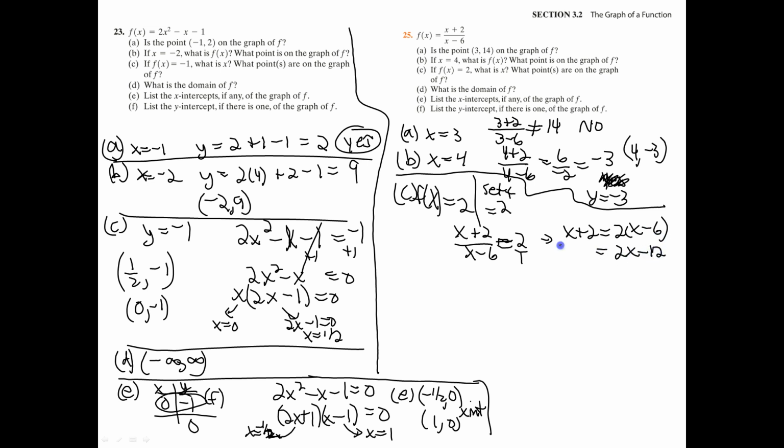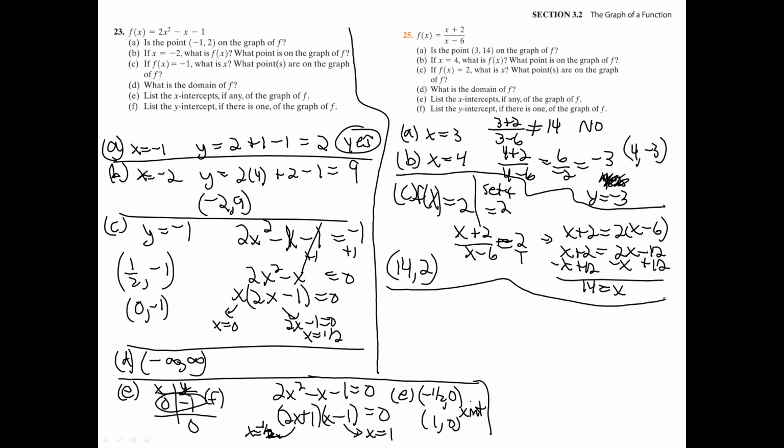Distributing, you get 2x minus 12. If we take away x and add on 12, we get that x is 14. So when y is 2, x is 14, that's the point on the graph.